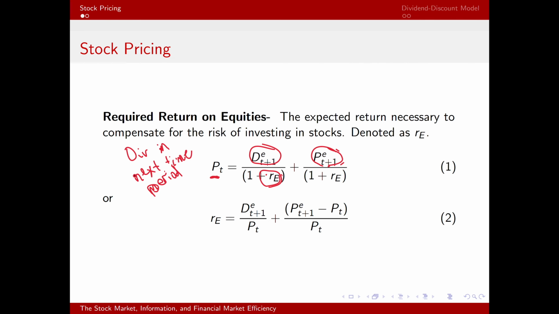Now, let's keep in mind a couple things here. First, this formula should look extremely familiar to you.